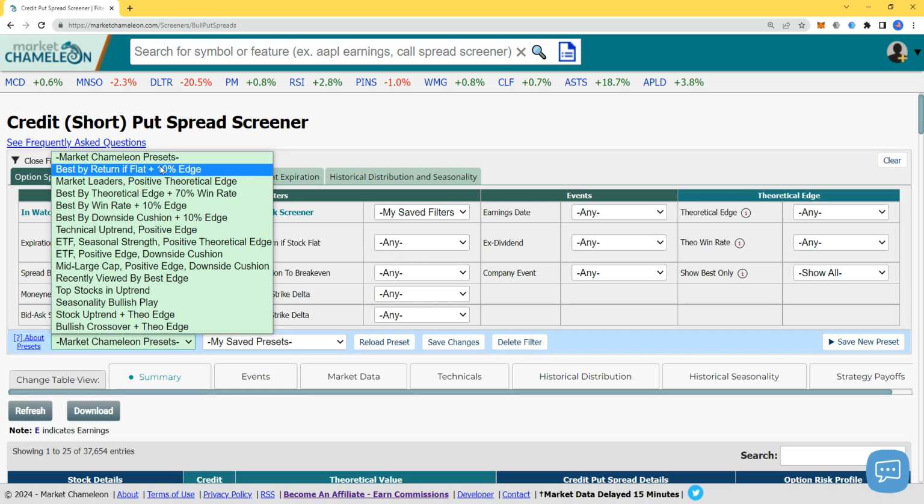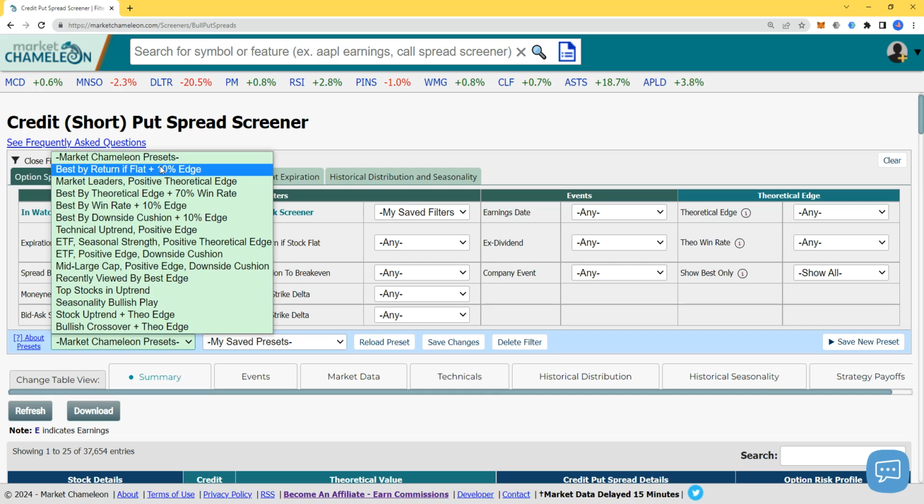You are selling a put credit spread that is out of the money. For example, you sell the 95 put and you buy another put simultaneously, let's say the 90. So you sell the 95 put and also buy the 90 put.